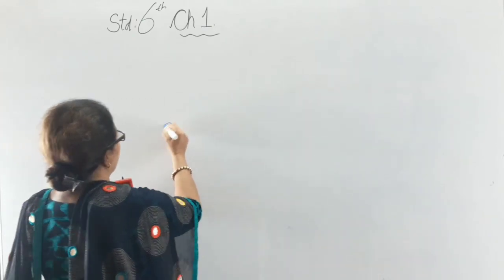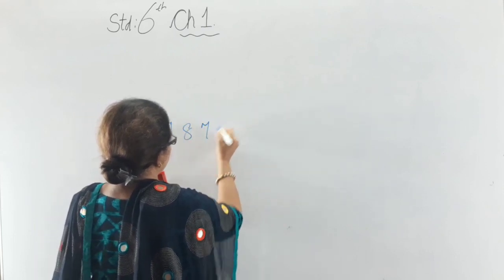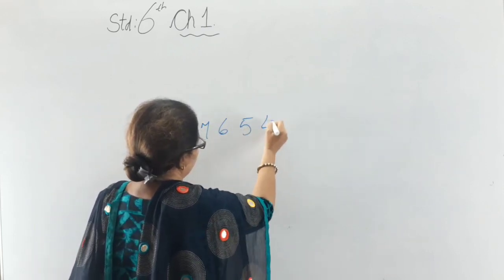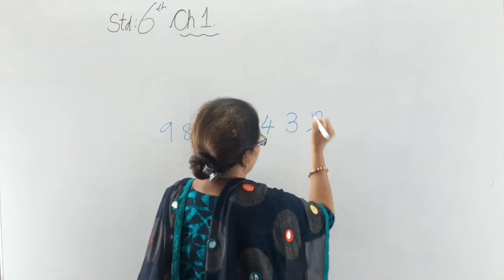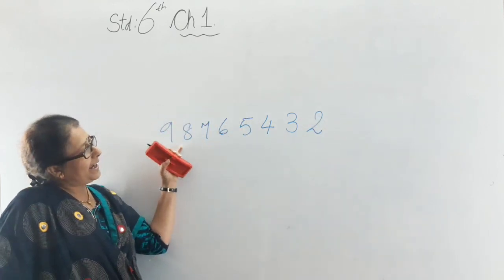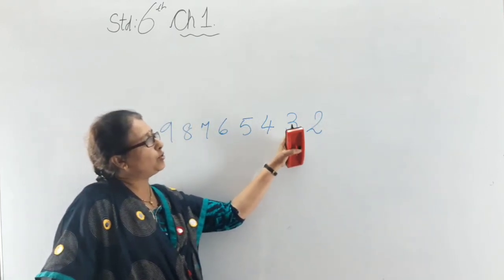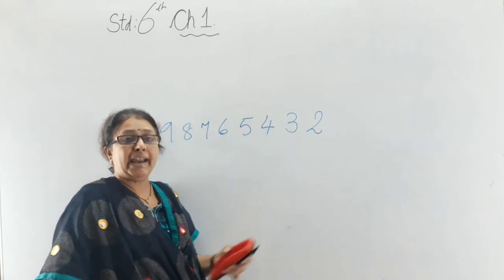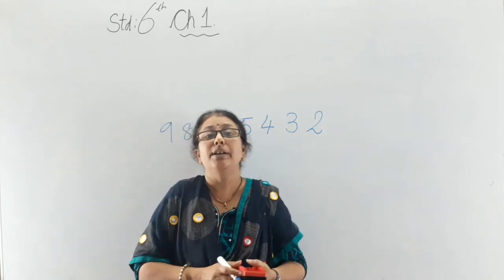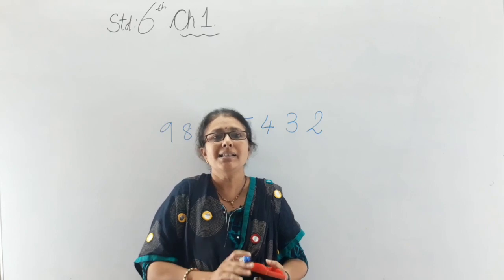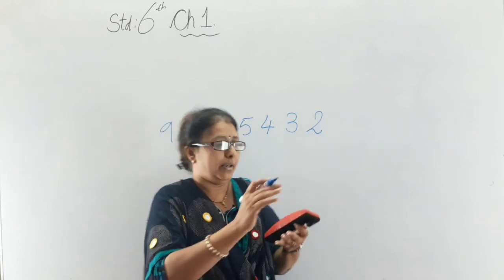Let me take a number, 98765432. This is an 8-digit number. Let me first explain the Indian system of writing the number name.